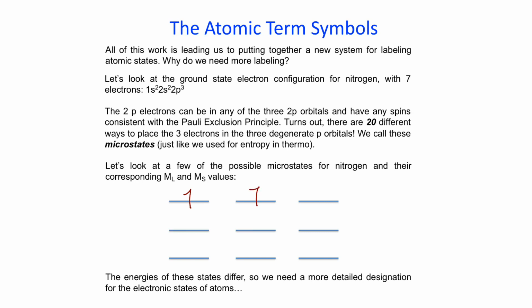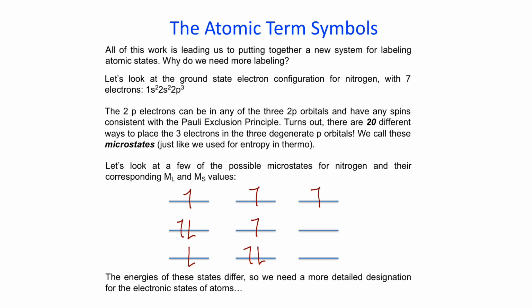I'm going to do an option where I have 1 in each orbital and they're all spin up. Let's pair a couple in this example, and then maybe we'll swap those around a little bit. You can see that I have a mix of different spin options and different pairing options.